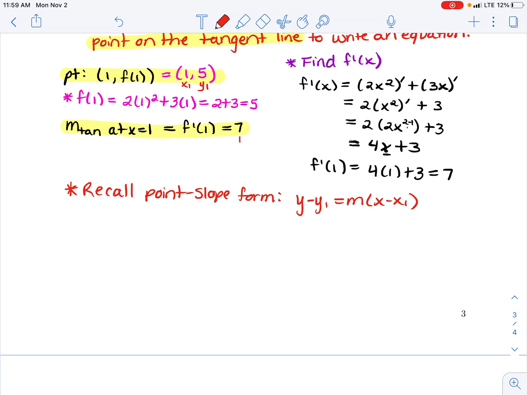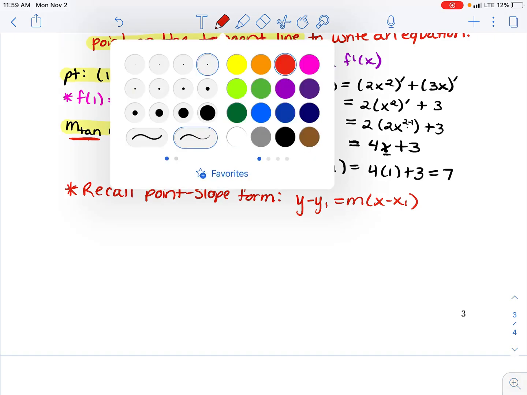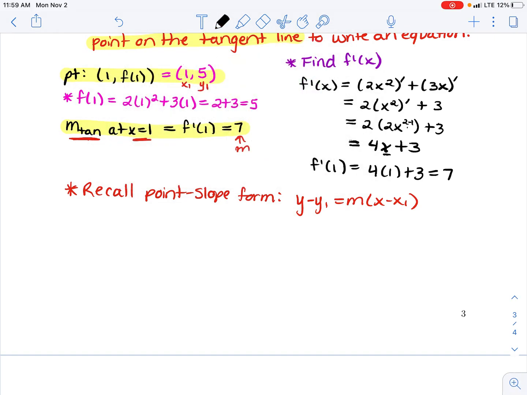And I have my m. This is my m, because I have that my m tan, or my slope of the tangent line at x equals 1, is just going to be 7. So now I'm just going to plug in all of these numbers into this equation. So I have y minus my y1, which is 5, is equal to m, which is 7, times x minus 1. And then that's all I really need.